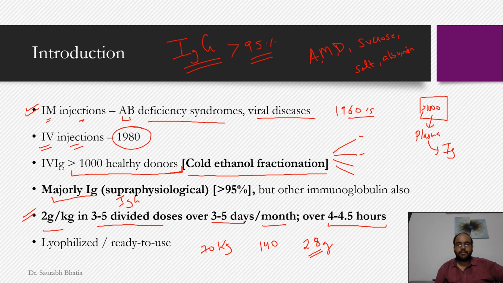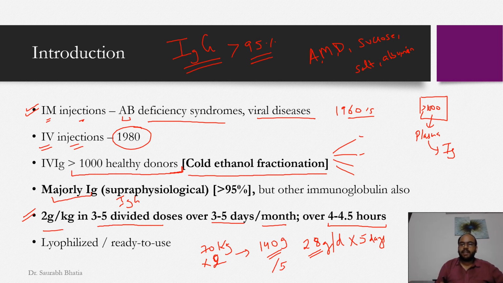So 70 kg into 2 will lead to 140 gram, the total dose. You divide it by 5, you get 28 gram per day for 5 days. So every day you have to give 28 gram of IVIg if you are treating a 70 kg individual.